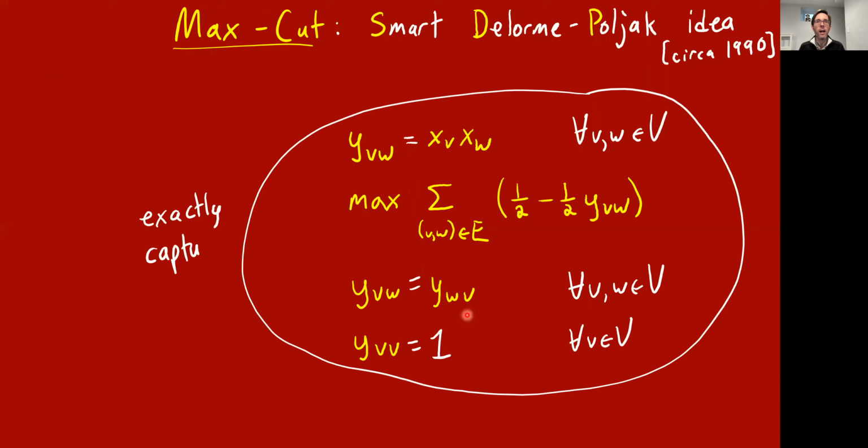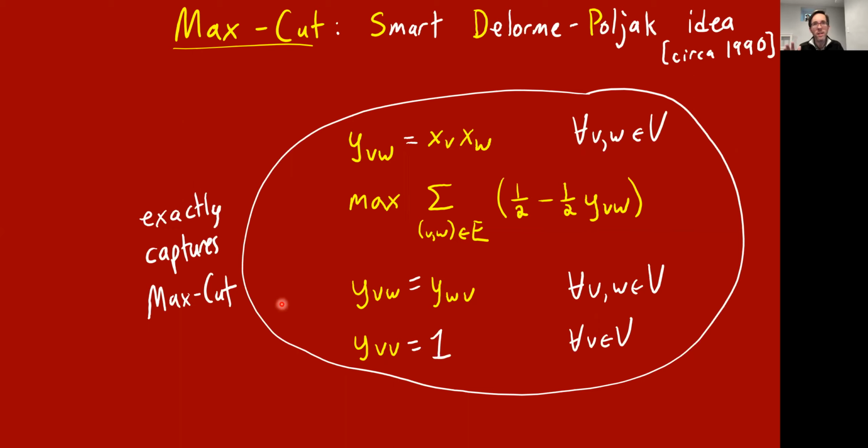And let me just pause again to say that now this program also captures max cut exactly. I no longer have to explicitly say xv and xw are plus or minus 1 valued, because if you have that yvw equals xv times xw, and you also know that yvv is 1, then it means xv squared is 1, which means xv is plus or minus 1.